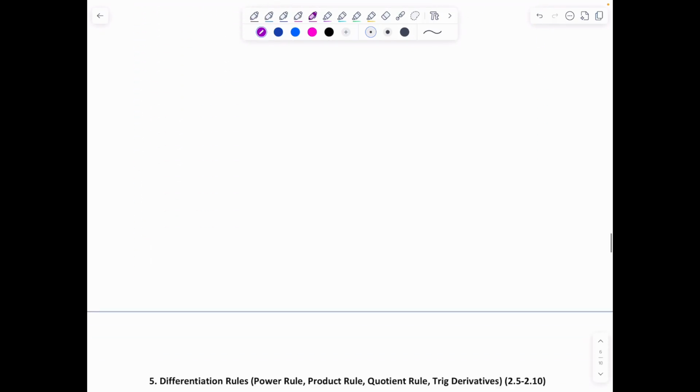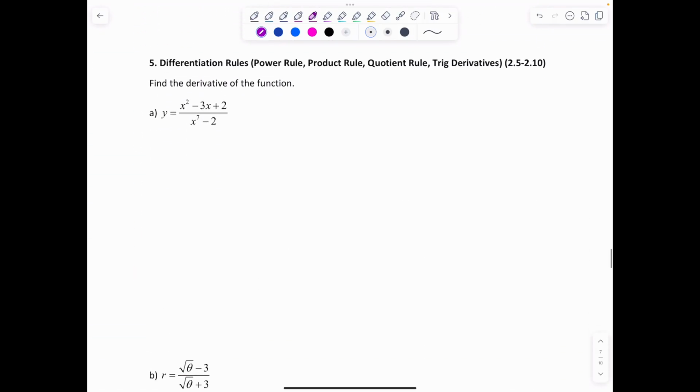Okay, moving on. Last topic deals with differentiation rules, the power rule, product rule, quotient rule, and trig derivatives. So I'm just going to go through some examples quickly. Make sure you memorize these rules. For the quotient rule, I learned it as high over low, like the numerator you call high, denominator you call low.